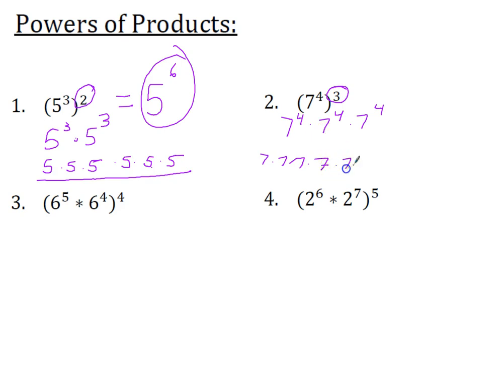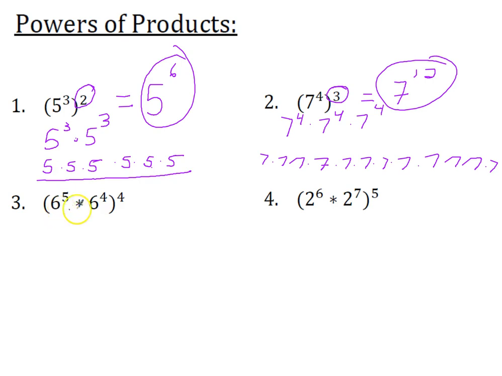I have 4 7s from the second one. And now I have 4 7s from the third one. So in total, I have 1, 2, 3, 4, 5, 6, 7, 8, 9, 10, 11, 12 7s. So my answer is 7 to the 12th power.